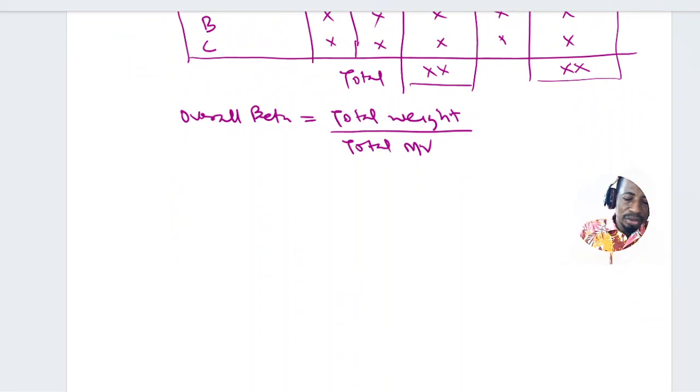The fourth formula that you can use to calculate your beta value is if you are given regression analysis information.